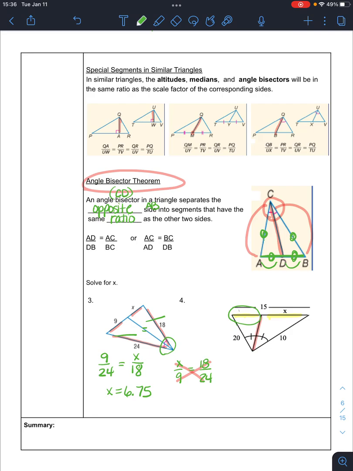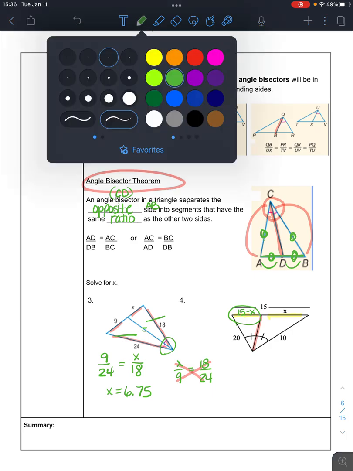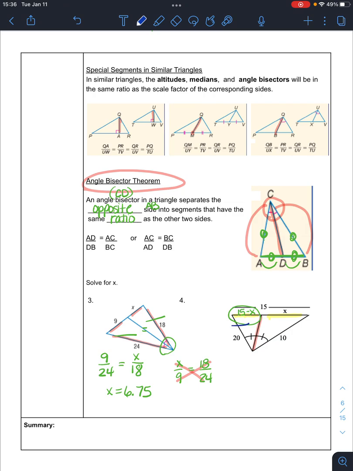So since I don't know what it is, though, I'm going to write this in terms of x, 15 minus x. Okay, so now I've got it set up. Again, I kind of like these because they're already nice and set up. All I have to do is use those pieces. 15 minus x over 20 is equal to x over 10.